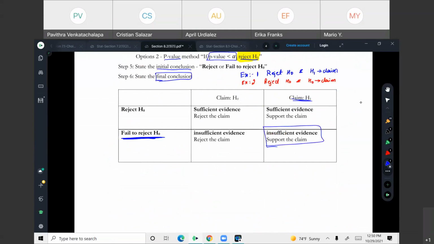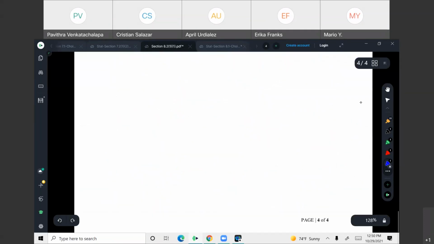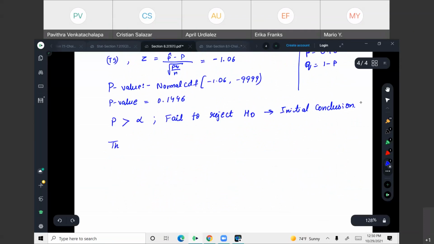There is insufficient evidence to support the claim. That would be your final conclusion.